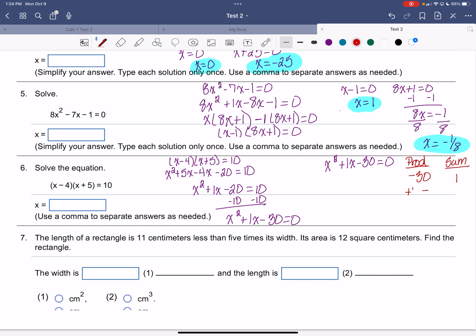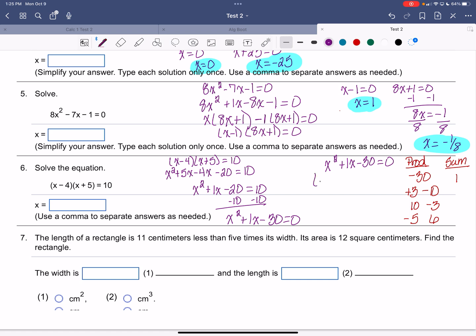I could have positive 3 and negative 10, or positive 10 and negative 3, but that doesn't get me to my sum. Negative 5 and 6 actually does get me to my sum. Negative 5 plus 6 is positive 1. And because I don't have anything in front of the x squared, I can just write those numbers down.